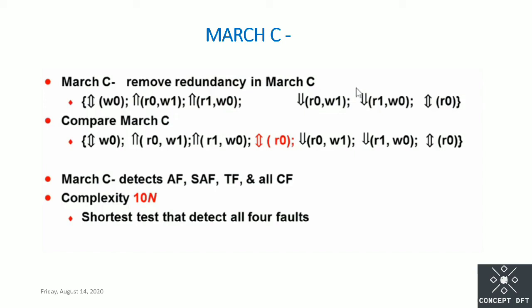As we compare March C minus with March C, we can see that the read 0 in any direction stage is removed in March C minus. March C minus algorithm detects address decoder fault, circuit fault, transition fault, and all coupling faults. The complexity of March C minus is 10n, and it is the shortest test algorithm that detects all four faults.